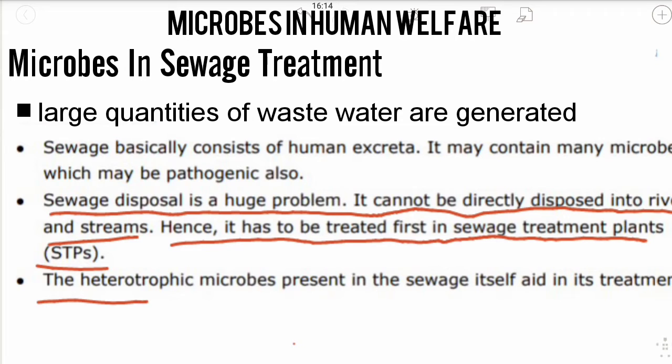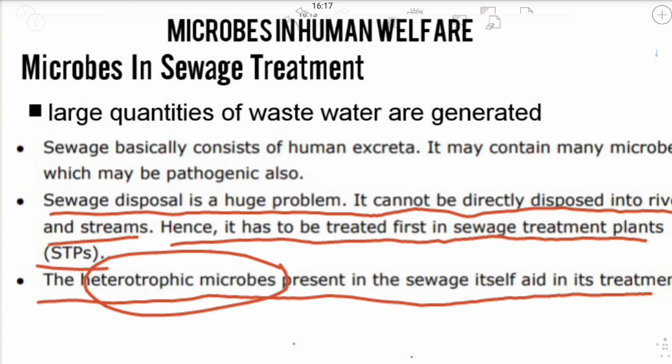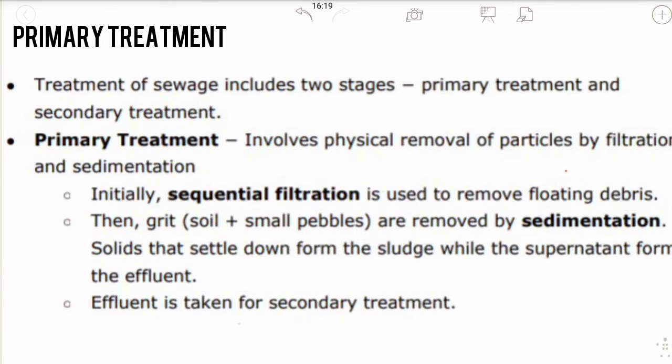The heterotrophic microbes present in the sewage itself aid in its treatment. Heterotrophic microbes have many practical uses, dealing with other types of contaminants. Treatment of wastewater is done by the heterotrophic microbes.